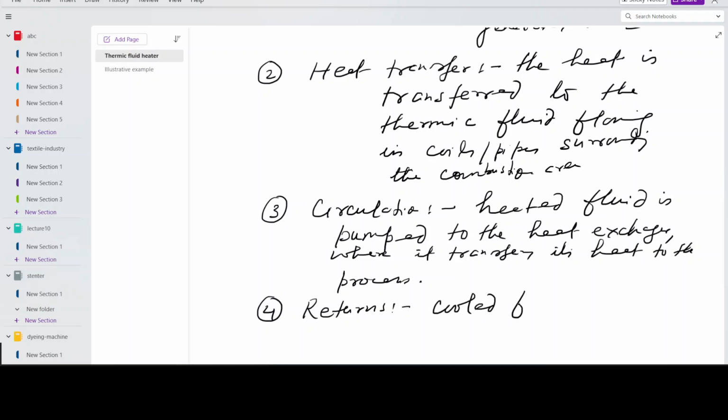Cooled fluid returns to the heater for reheat.